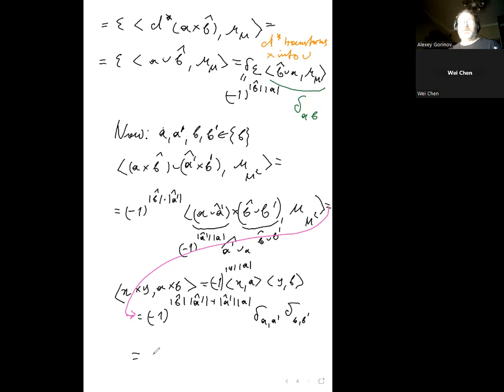I'm lost in science. I'll just write plus and -1.